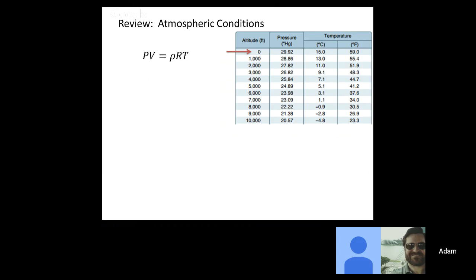If you were to take that column of air and weigh it, it would weigh about 14.7 pounds. And if you look at standard atmosphere values, the standard atmosphere pressure value at sea level is about 14.7 pounds per square inch.